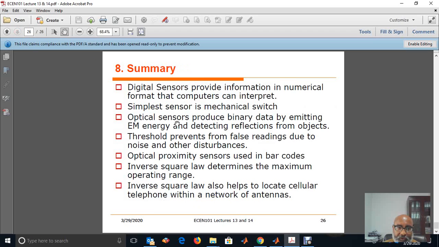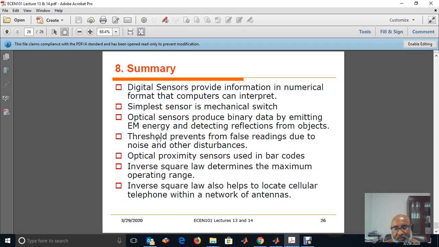In this chapter, we tried to give a brief introduction about sensors, especially digital sensors, binary sensors, and optical sensors which use electromagnetic energy like infrared light, and simple sensors like mechanical switches. And we discussed how threshold power is important.